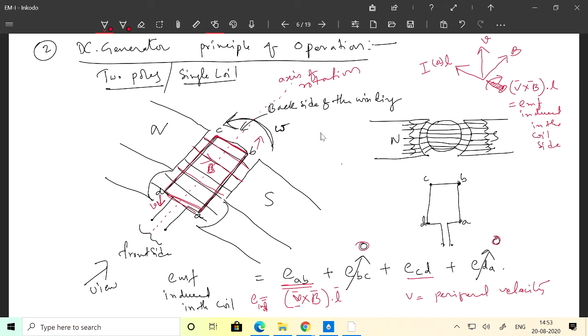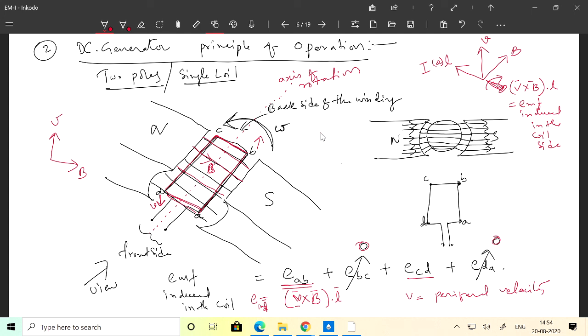So tell me in which direction the EMF or current will be flowing. Take the AB side. B is in this direction and the coil is moving upwards.